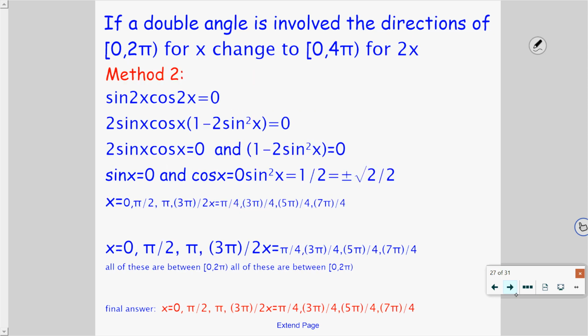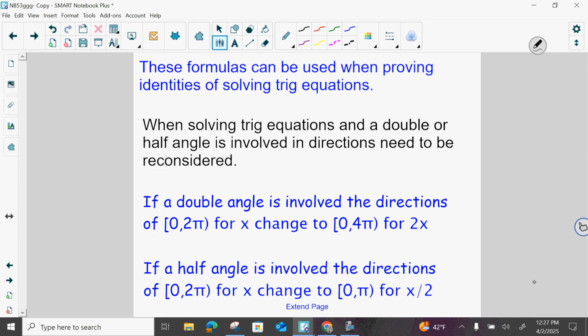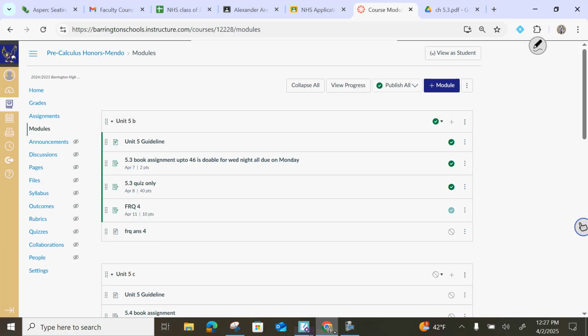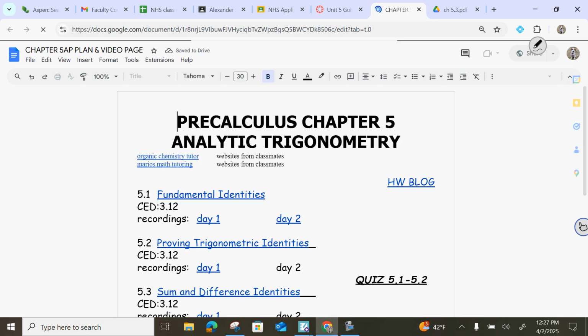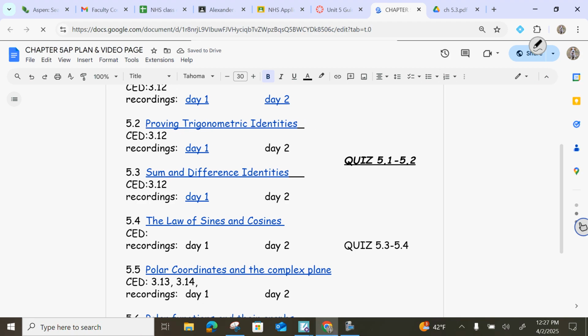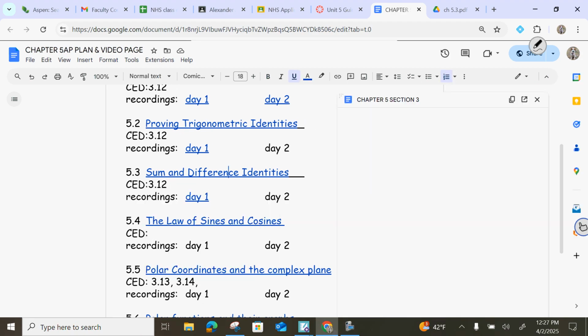But the other way that you can use them is for different identities. I thought I already had this open, but I do not. So I am going to open the homework and pick some of the identities that use these.